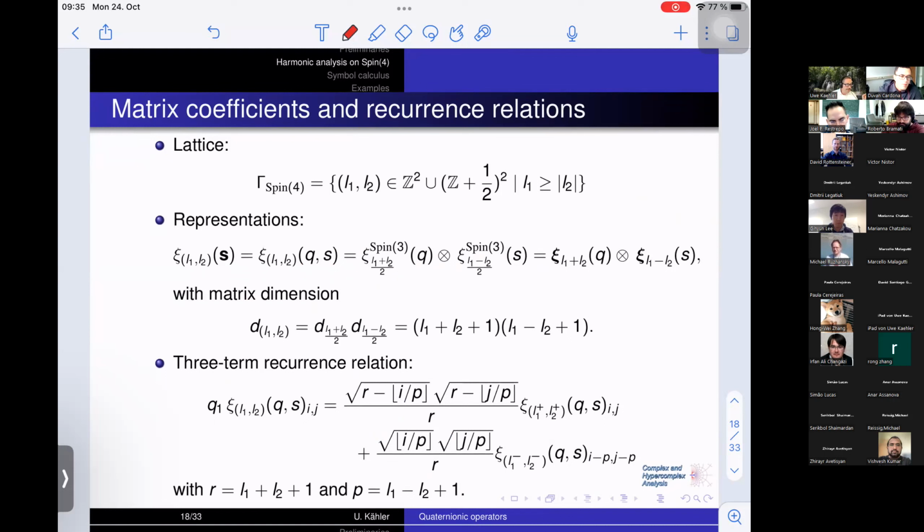The representations we can write down shortly in this term. It's a short thing, but in fact, you have to use a projection like I wrote before, and then you can do that kind of thing. And the matrix dimension of each of them is nothing else than this here. This is just the dimensions of each of the representations, and they are splitting up.